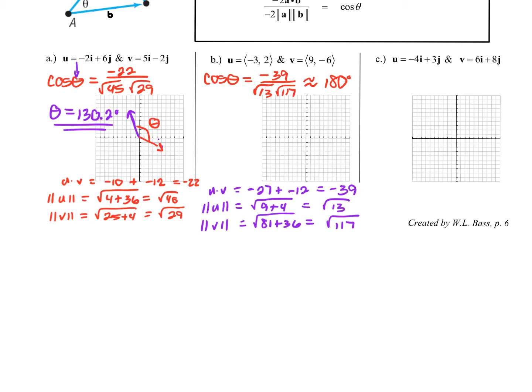So let's go ahead and graph these two vectors, because that feels like an odd answer to us. If I graph my u vector, I'm going to go negative 3, up 2. So here's my u vector. And then if I graph the v vector, I'm going to go over 9, down 6.